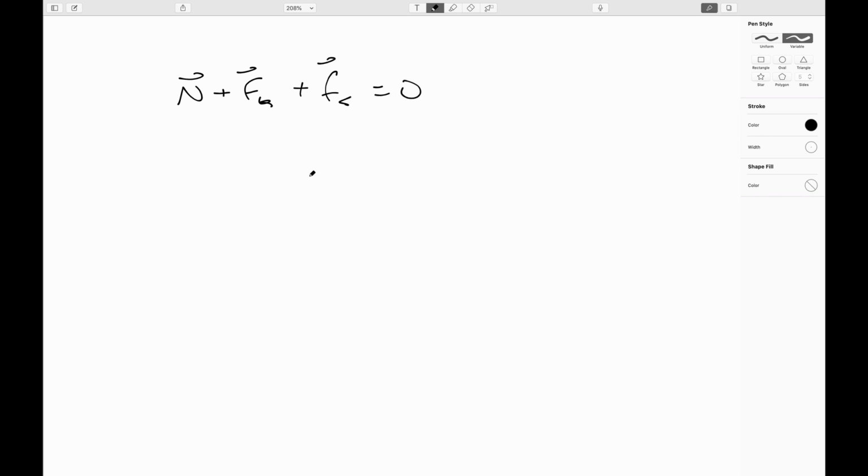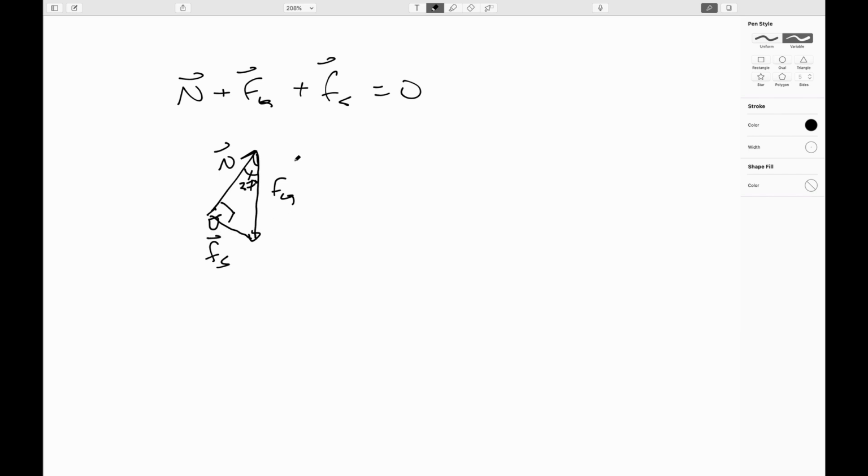So this means that the vector sum of these adds up to 0. So the normal force did this. The force of gravity did that. This angle is 37 degrees. And the force of static friction does that, and that angle is 90 degrees.